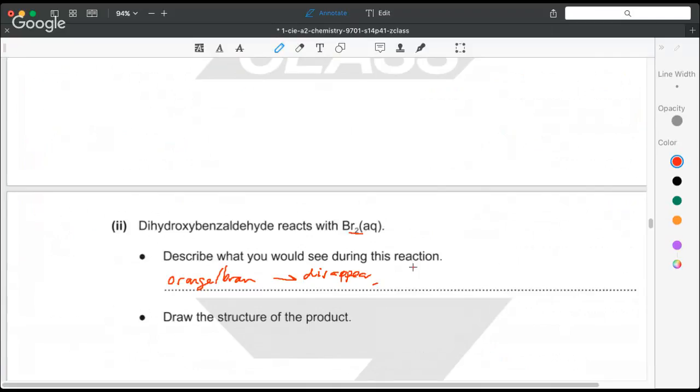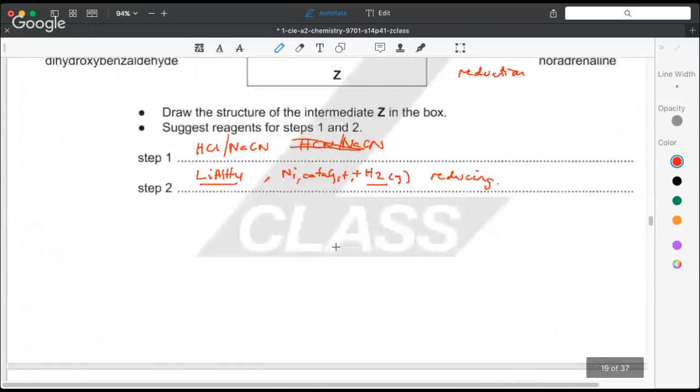Or the reaction might become colorless, and it starts off with the orange-brown color from bromine.